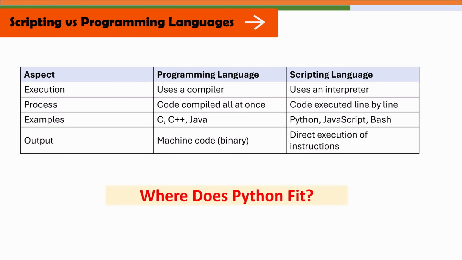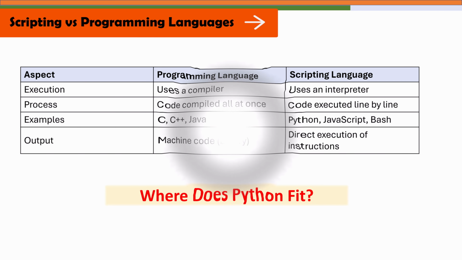Once compiled, the program executes directly on the hardware. A scripting language, on the other hand, uses an interpreter. So an interpreter translates and executes the code line by line without a separate compilation step. So while the compiler processes your code all at once, an interpreter works step by step as the program runs.